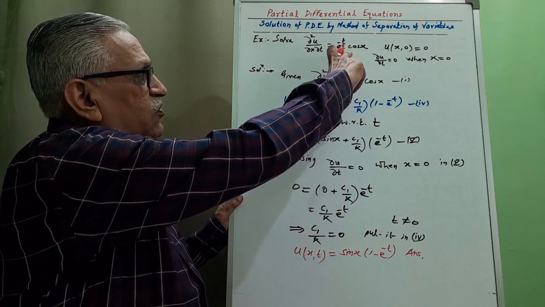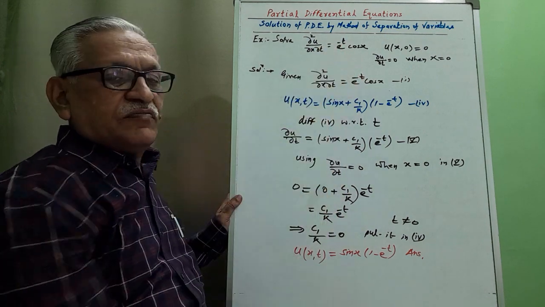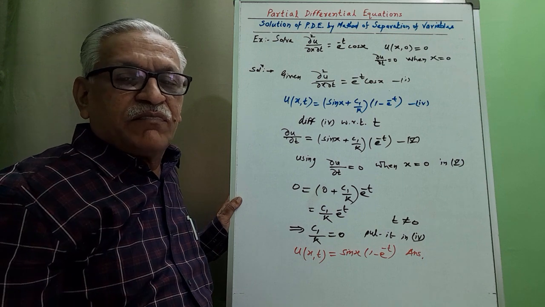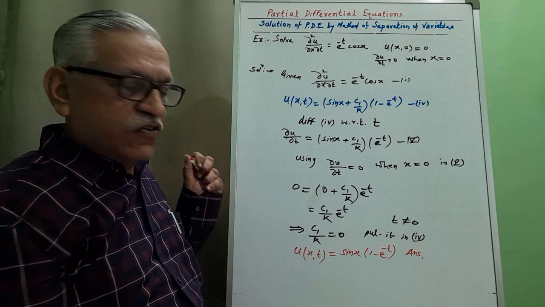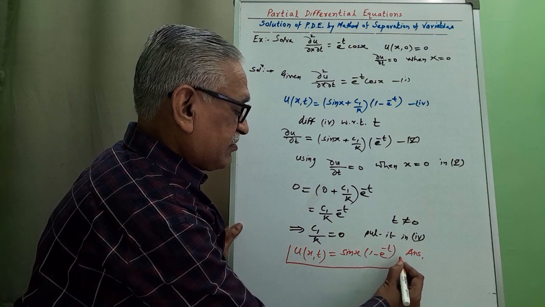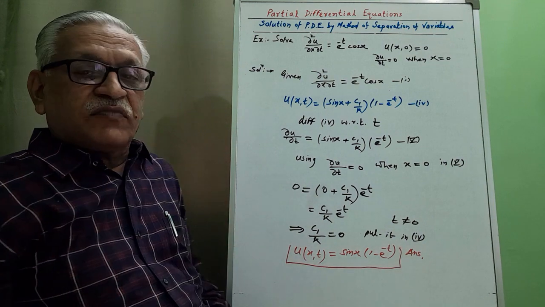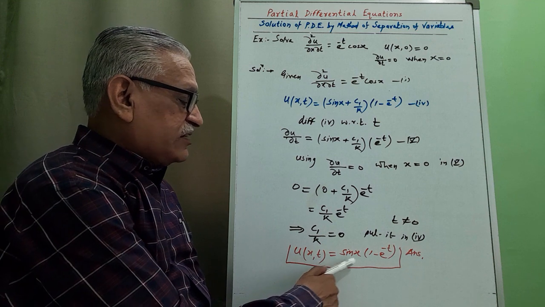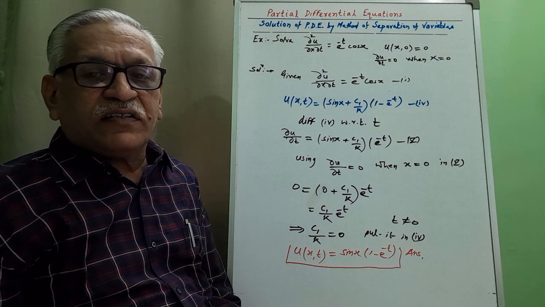Therefore, solving this partial differential equation by the method of separation of variables, we get the solution as u equal to sin x multiplied by 1 minus e raised to minus t.